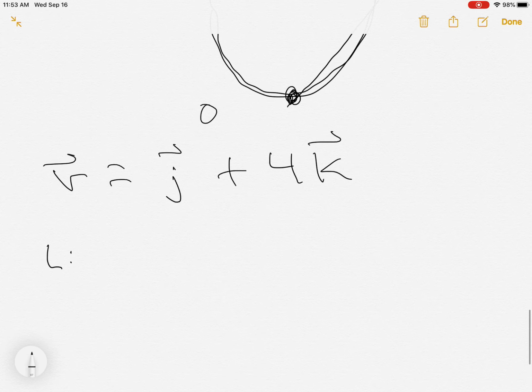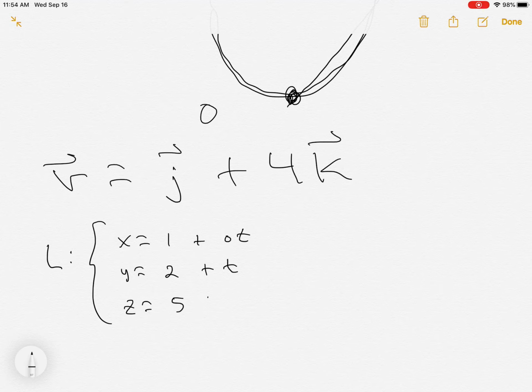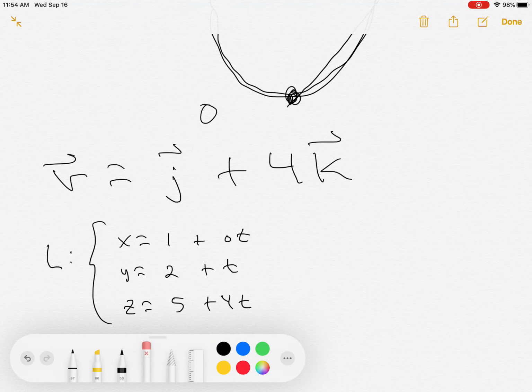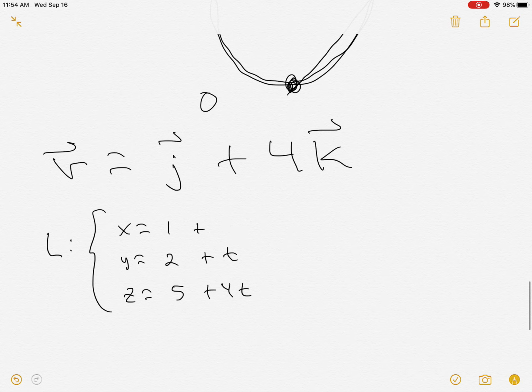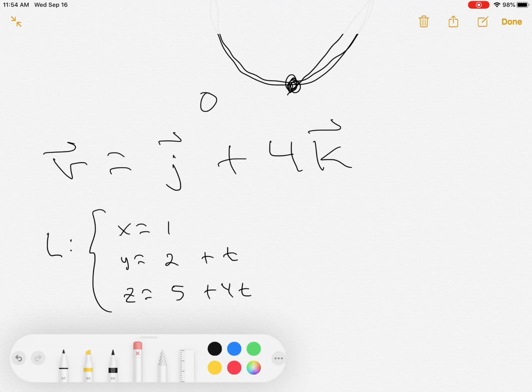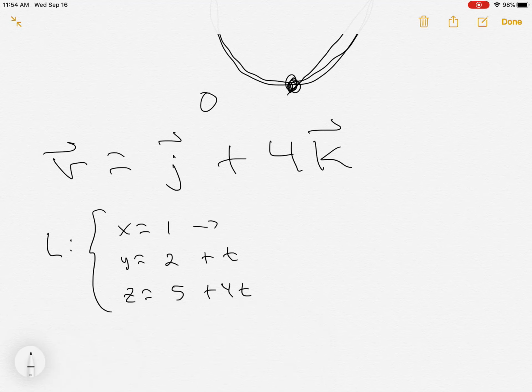The line is x equals 1 plus 0t, y equals 2 plus t, and z equals 5 plus 4t. And just to clean it up, 0t is 0, which makes sense because x equals 1 is fixed.